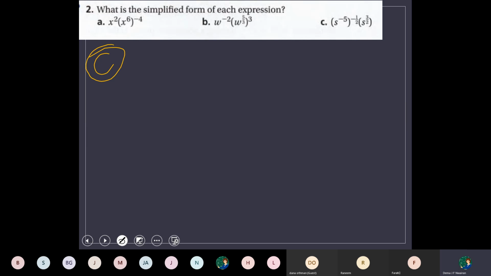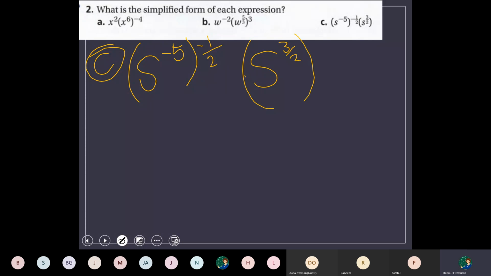For C now, s raised to the power negative 5 raised to the power negative 1 over 2, times s raised to the power 3 over 2. The first step here is multiplying the two powers, negative 5 with negative half, as we have a power raised to another power.